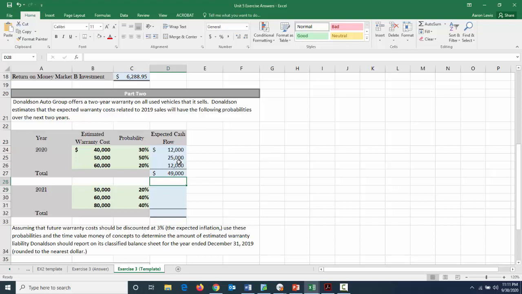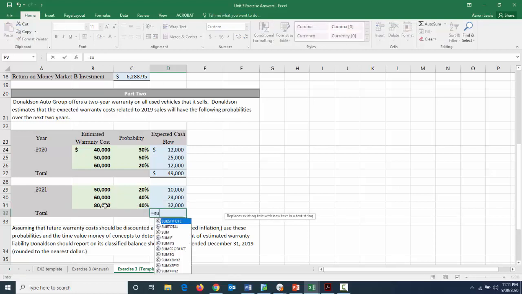In 2021, if these warranties are still valid, and we're going to assume they are, we went through and we found what our estimated costs were and each estimated cost's respective probability. We'll multiply those together. We have a 20% chance of paying $50,000 in warranty costs during 2021. We have a 40% chance of paying $60,000 in warranty costs, and we have a 40% chance of paying $80,000 in warranty costs.